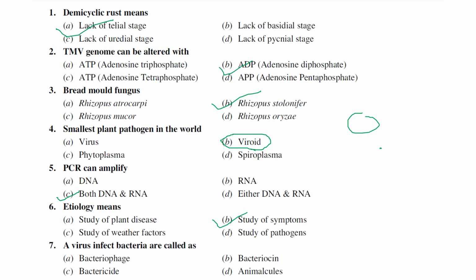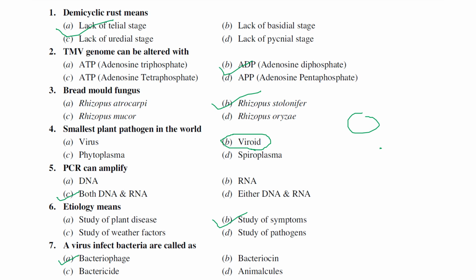The next one is the virus that infects bacteria is known as: bacteriophage, bacteriocin, bactericide, or any molecules. Generally a virus that infects bacteria is known as bacteriophage. Phage means eaters, so bacteriophages are bacterial eaters.